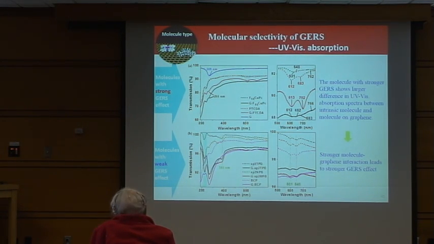In our study, we can tell that the molecules with stronger GERS effect normally have an absorption structure that changes a lot after deposition on graphene. But for the molecules with weaker GERS effect, the absorption peak doesn't change too much, or doesn't change.